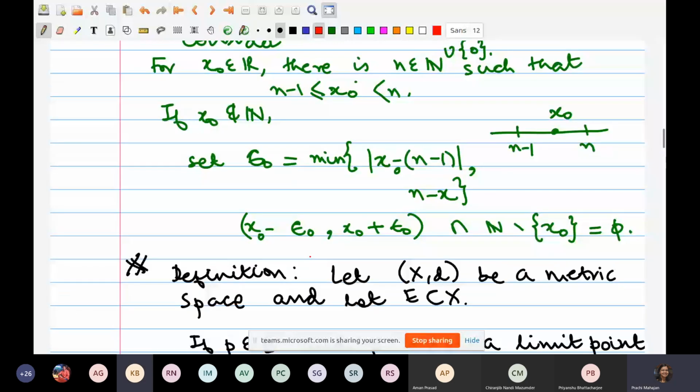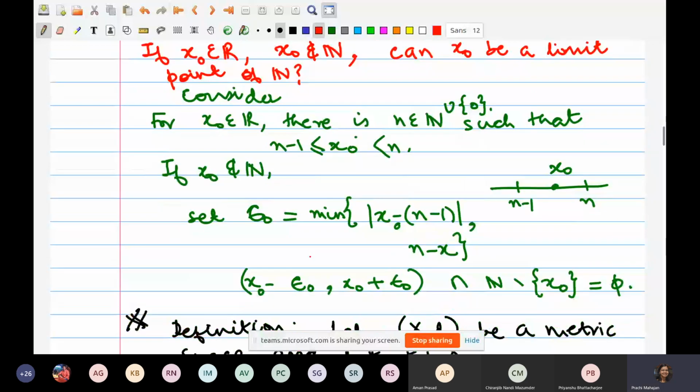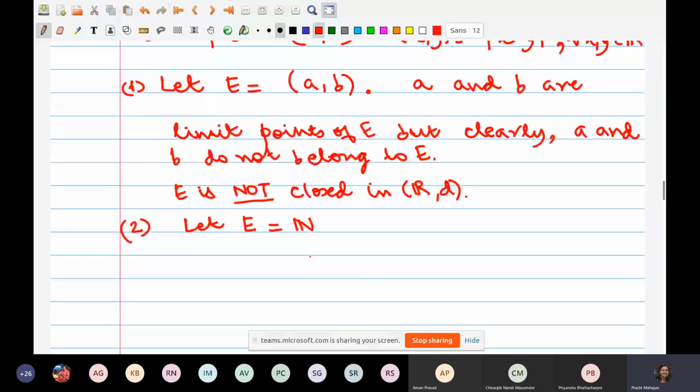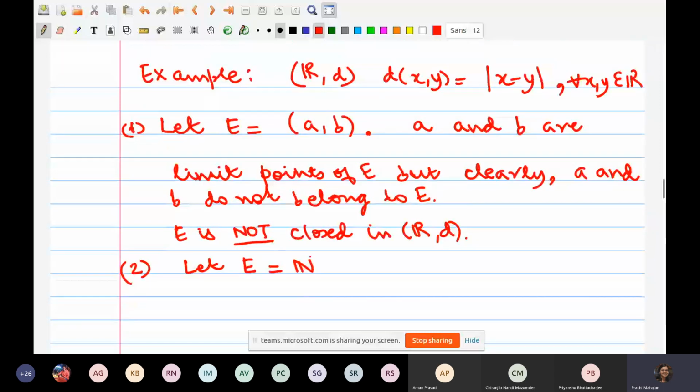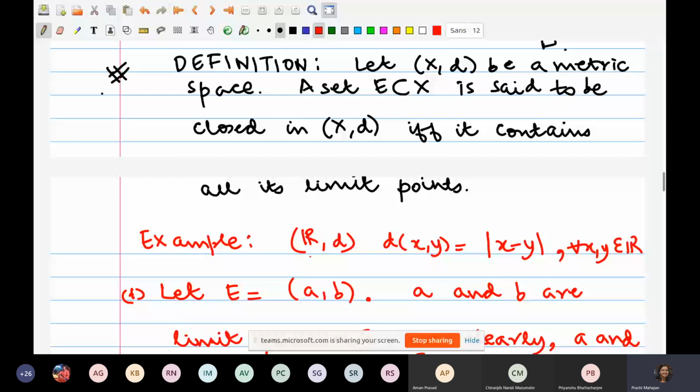We discussed that no real number can be a limit point of the set of natural numbers. The set of limit points of the set of natural numbers is empty. So if I ask you, is the set of natural numbers closed in the Euclidean metric space? What would be your answer?